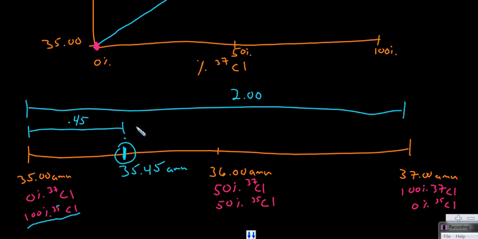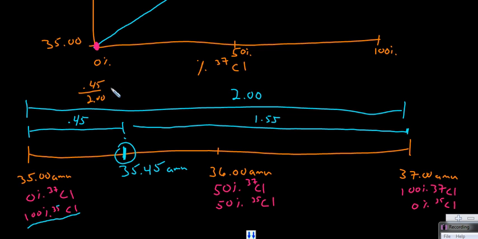Or I could say that the difference between our mixed number and our larger number is 1.55. Considering either of those, I can say that I have 0.45 over 2.00 times 100%, which is 22.5% of one of the isotopes.